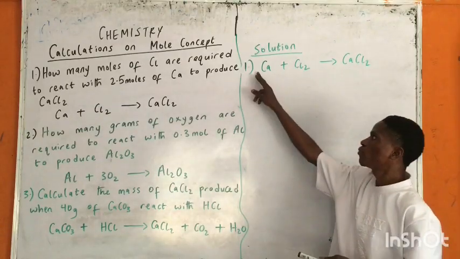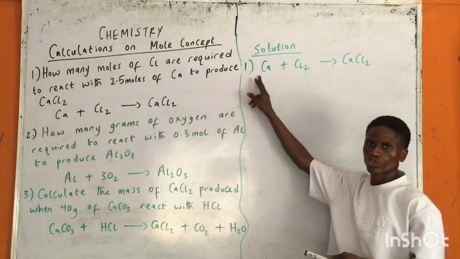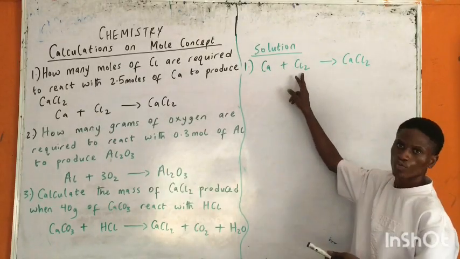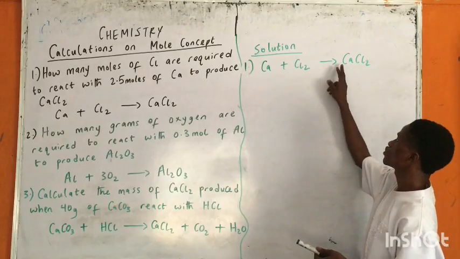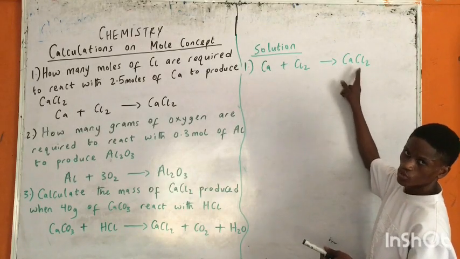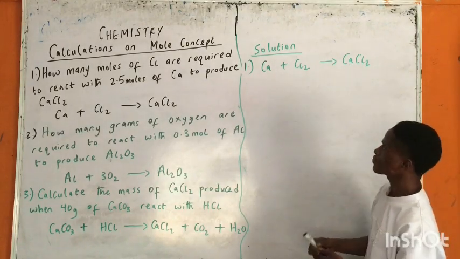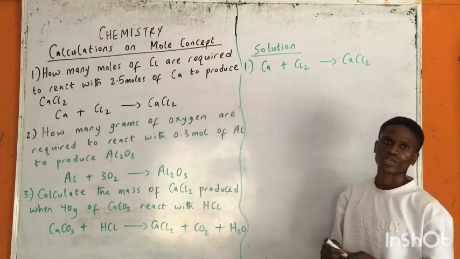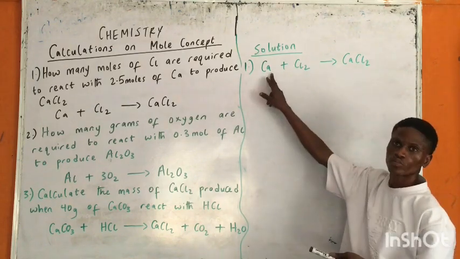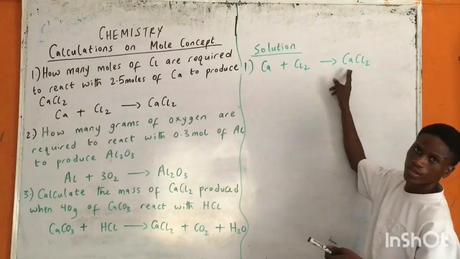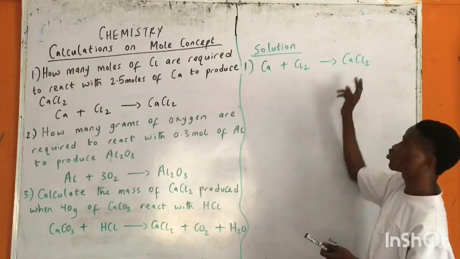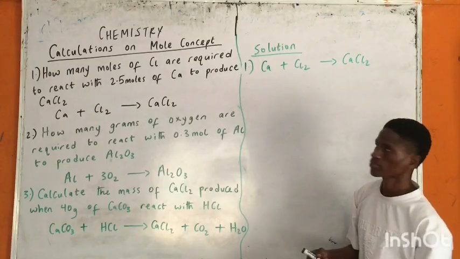Now, 1 mole of calcium reacts with 1 mole of chlorine to produce 1 mole of calcium chloride. Before we finalize, we have 1 calcium here, 1 calcium here, 2 chlorine here, 2 chlorine here, so it's balanced.